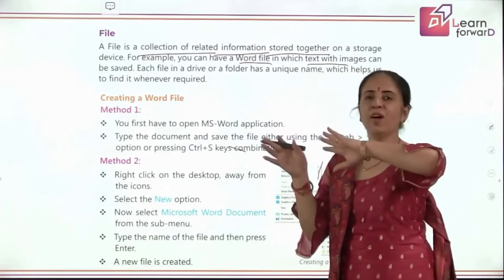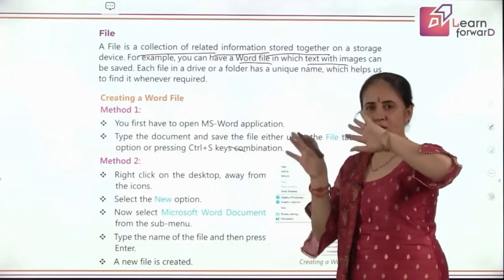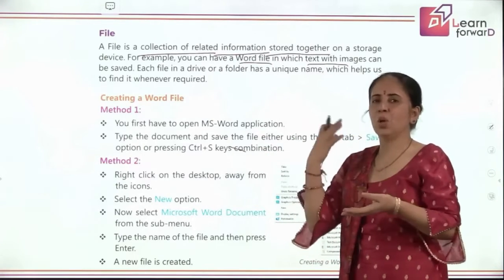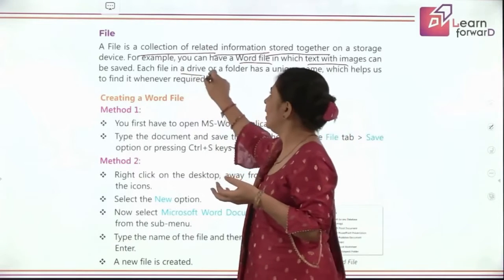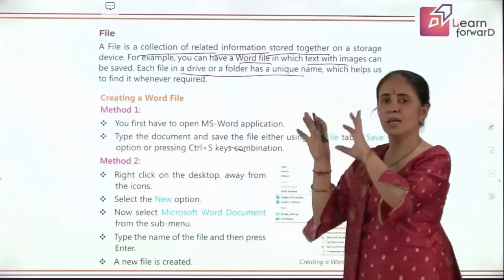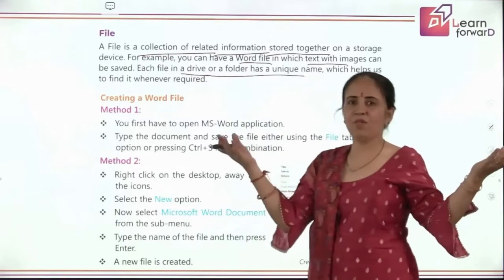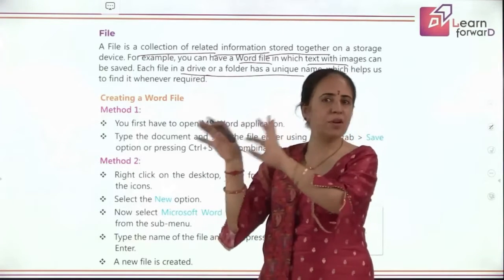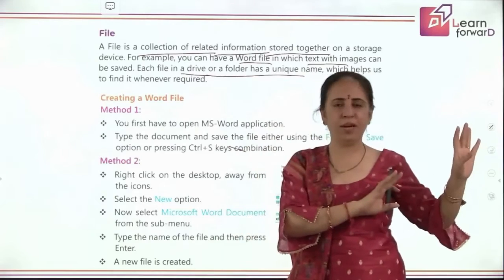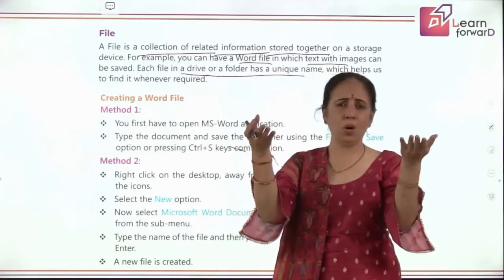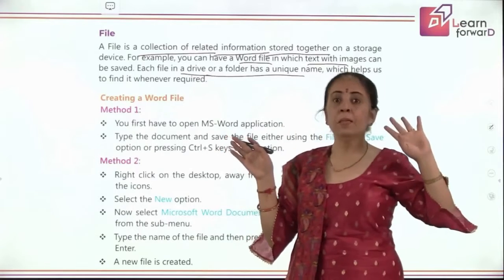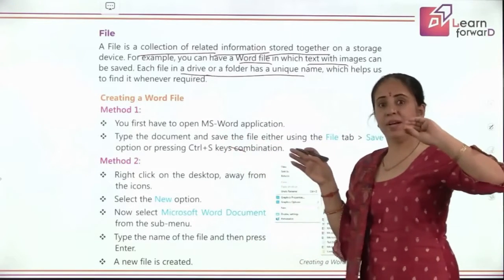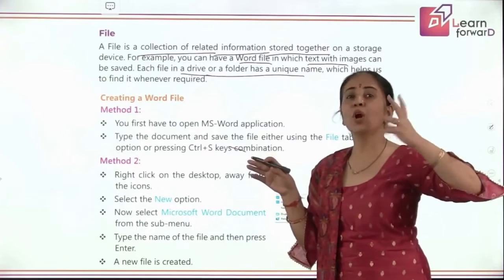So a Word file is created which stores images, your document, everything. Each file in a drive or folder has a different name, like you all have different names. Every person is given a different name in the class. You all are 50 children, suppose, so every child has a different name. What is the purpose of having different names? So that we are not confused.